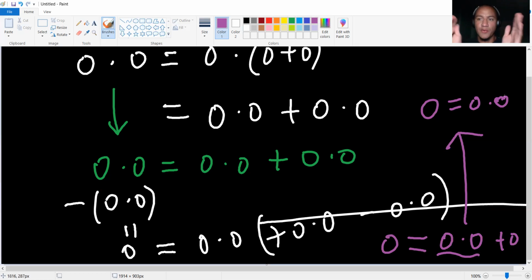This is why 0 times 0 equals 0. You'll probably hate that number for a while. Just kidding. But that's the reason why any number times 0 is 0. And that's it, I'm done.